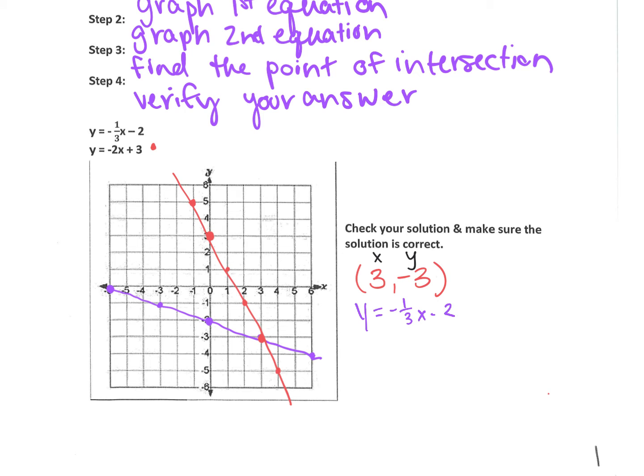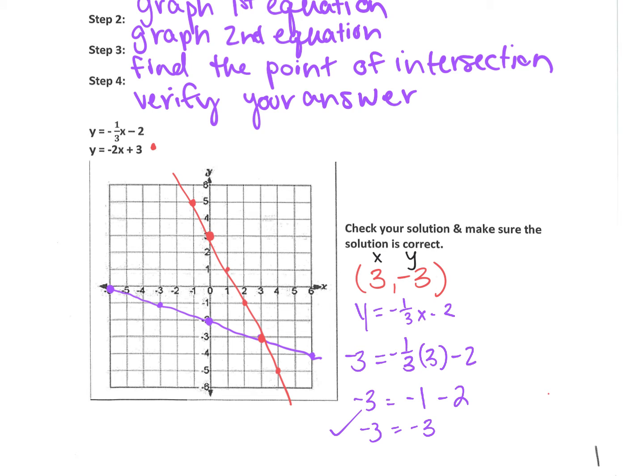We replace our y with our y from our coordinate, which is negative 3. Then we say negative 1/3, and we replace our x with our x coordinate, which is 3. And then we say minus 2. Now, 1/3 times 3 gives us negative 1, minus 2. And then we have negative 3 equals negative 1 minus 2, which is negative 3.